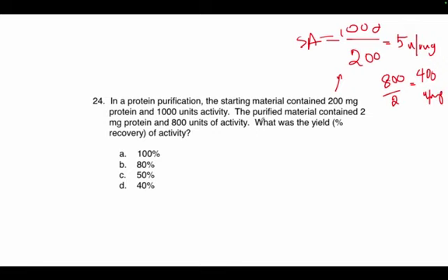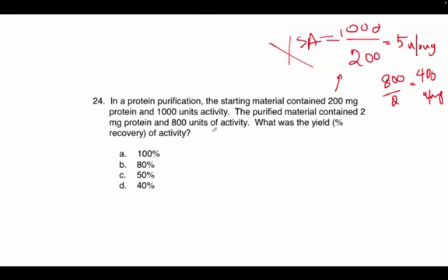What was the yield, percent recovery of activity? Oh, okay. So here they have not actually asked for specific activity at all. Here they're just asking how much of the activity has been retained. So all of this does not matter for this question. They're just asking in terms of total activity how much is recovered. Obviously activity is directly proportional to the amount of protein which is present. So here they've already given us the total activity.